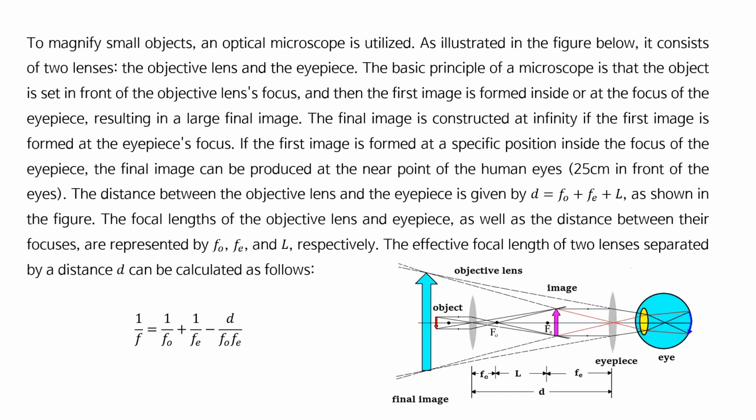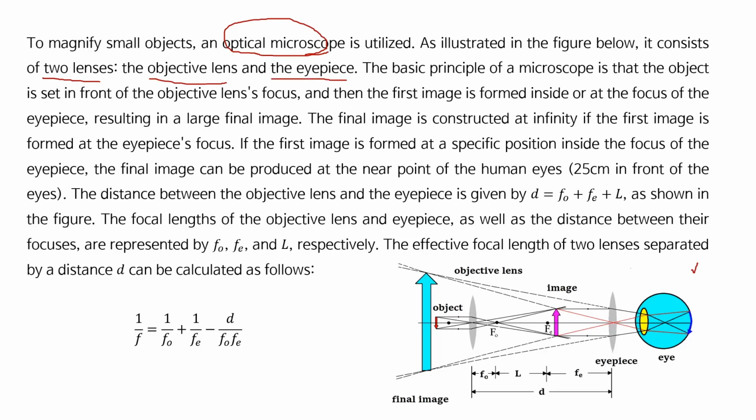To magnify small objects, an optical microscope is utilized. As illustrated in the figure here, it consists of two lenses, the objective lens and the eyepiece.